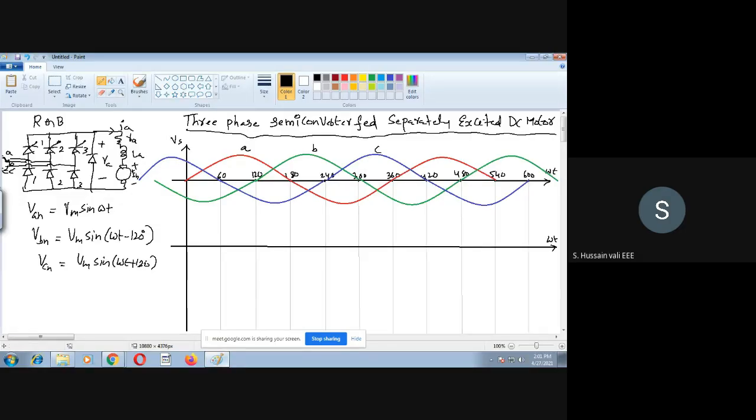This is common for the separately excited DC motor, like you have seen in the previous classes also. So if you recall carefully, which set of thyristors you will turn on first and how you go ahead is a little bit of a thing to understand.